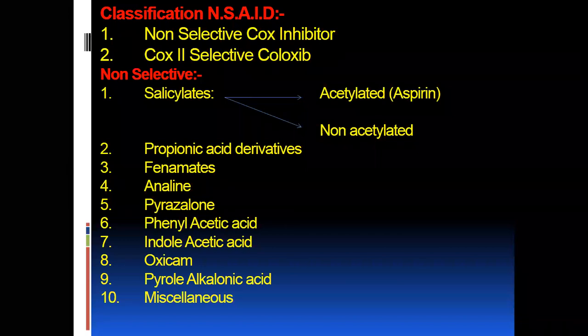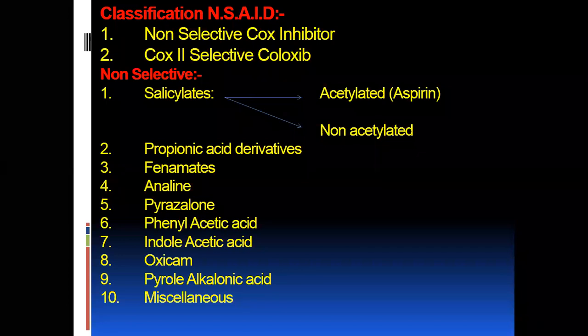Among the non-selective COX inhibitors, these are the members: salicylates, propionic acid derivatives, fenamates, aniline derivatives, pyrazolone, phenyl acetic acid, indole acetic acid, oxicams, pyrrole alkanoic acid, and a miscellaneous group of drugs. These are all non-selective groups of drugs.